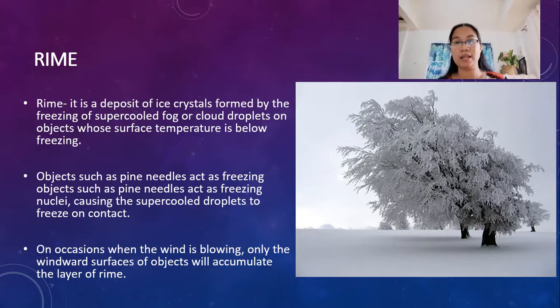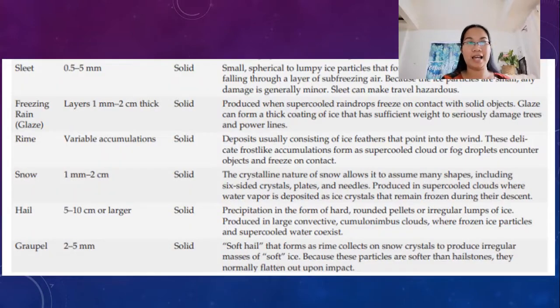Objects, for example here, pine needles act as freezing nuclei of the supercooled droplets. So it will freeze as it comes in contact with the pine needles. Then on occasions when the wind is blowing also, only the windward surfaces of objects can accumulate a layer of rime. So rime is another precipitation in the form of ice.